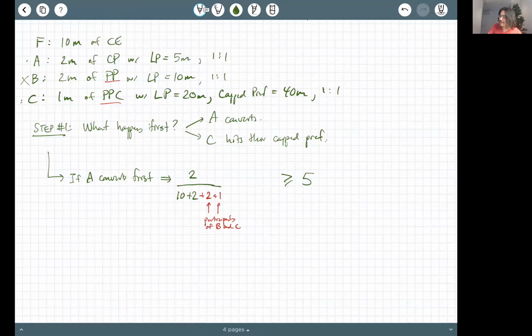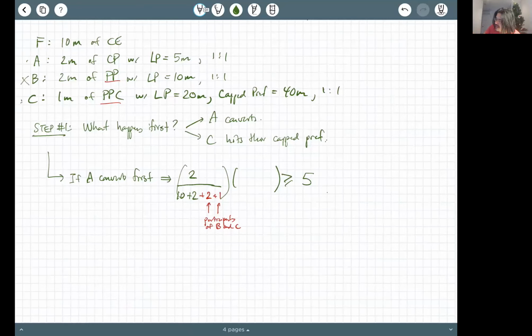So we know that when A converts, they own only 2 divided by 15, so 2 over 15 million shares. So they get that percentage of the common equity in the company. But notice, B and C are participating. So even though they get the 2 and the 1 million shares respectively, they also get their liquidation preference.